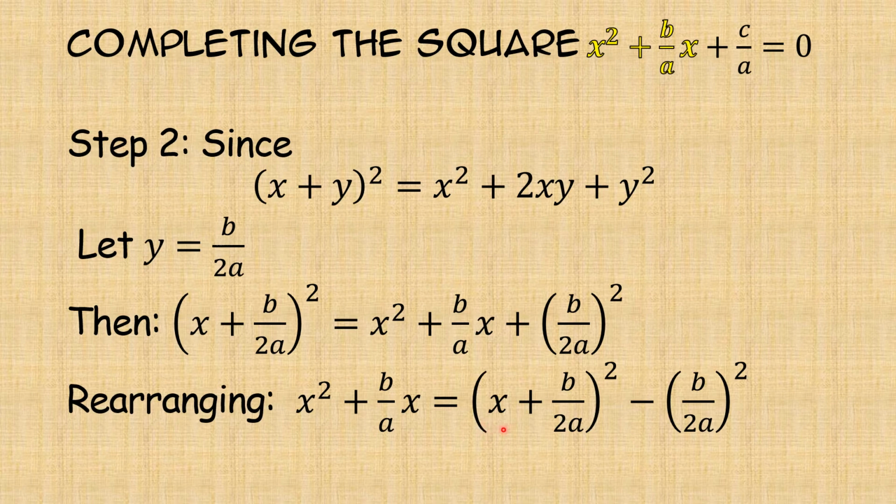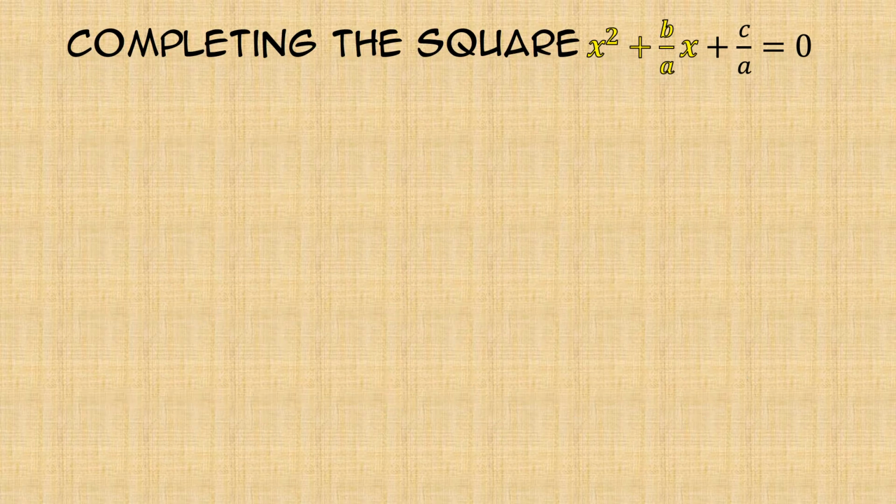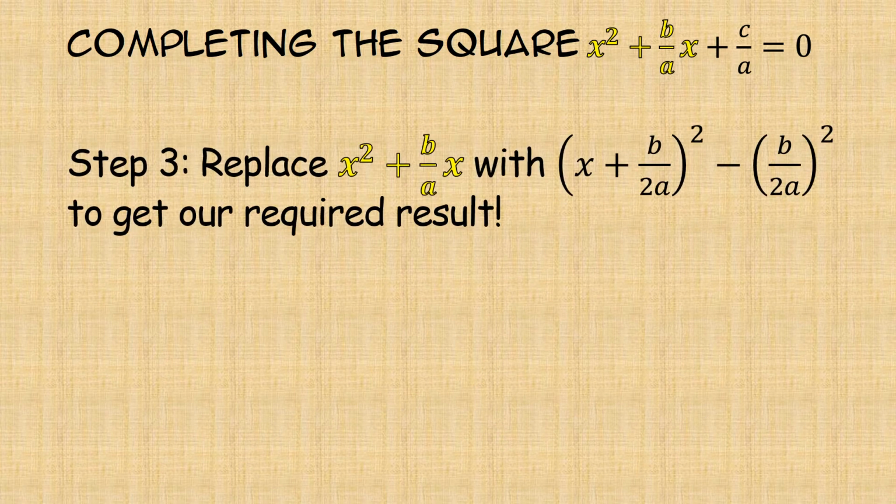Since everything else in the equation are constants, we know what b over 2a is, and we know what c over a is. We can rearrange and solve it like any other equation. We just need to replace the yellow highlighted portion, x squared plus b over a x, with x plus b over 2a bracket squared minus bracket b over 2a squared to get our required result.